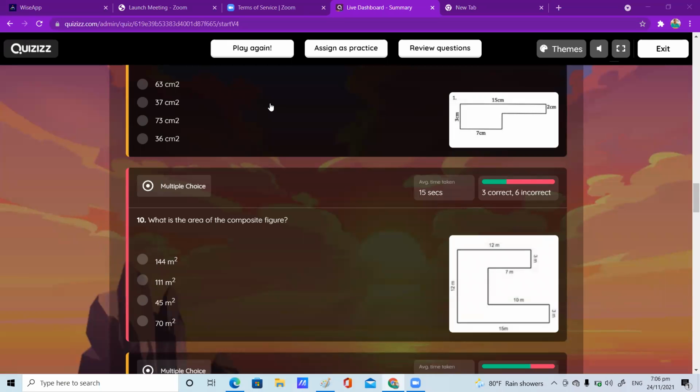If you add all these numbers, you get 111 meters square.